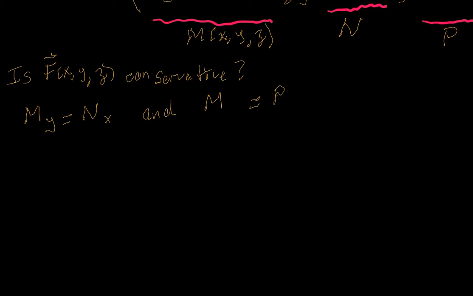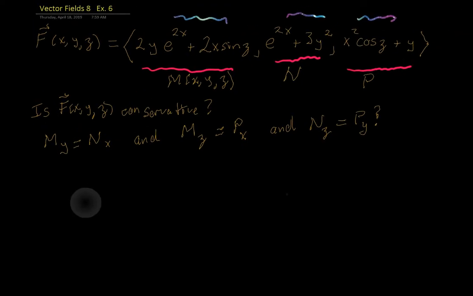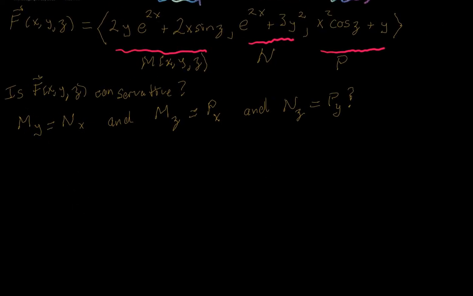So you do M with respect to z and P with respect to x, because those are the mixed match terms. And then you're still not done. You still have to check to see, does the middle term match the last term if we do their opposite derivatives? So N with respect to z and P with respect to y. And all of that is what we have to verify to see, is this a conservative vector field? Takes a little bit of effort to get that to work out.